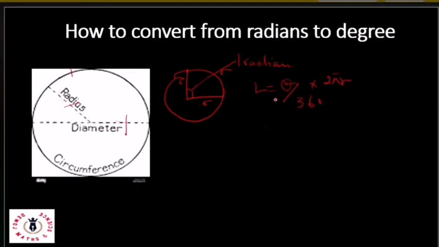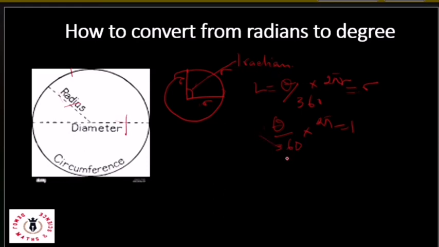If this length is equal to theta over 360 times 2 pi r, and the same length is the same thing as r, then theta over 360 times 2 pi is equal to 1. The r can cancel the r. Theta over 360 times 2 pi is equal to 1. Remember, the angle in question now is the angle between these 2 radii and is equal to 1 radian.